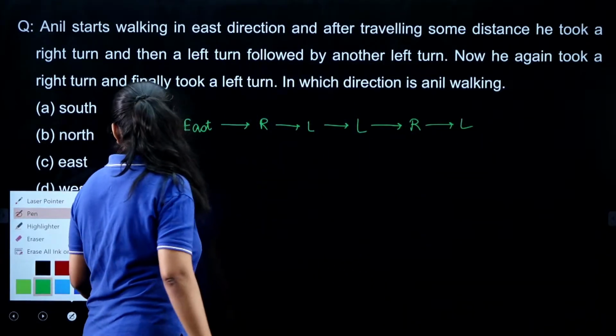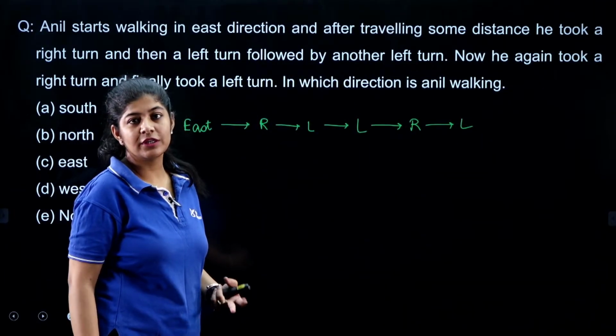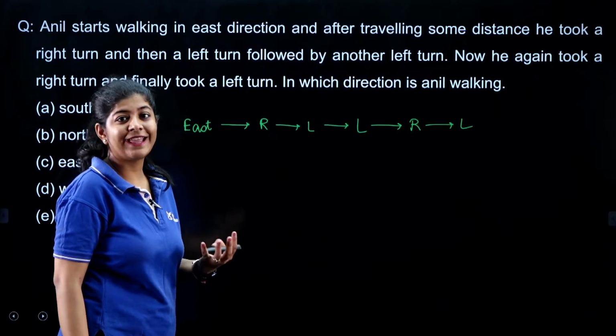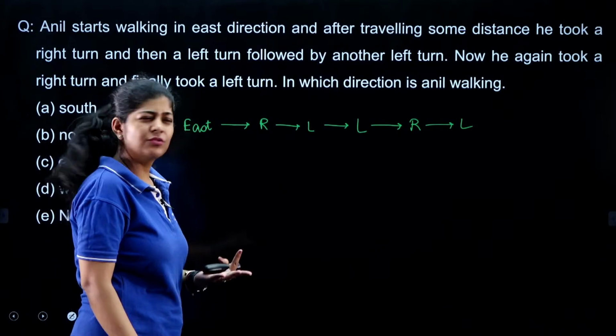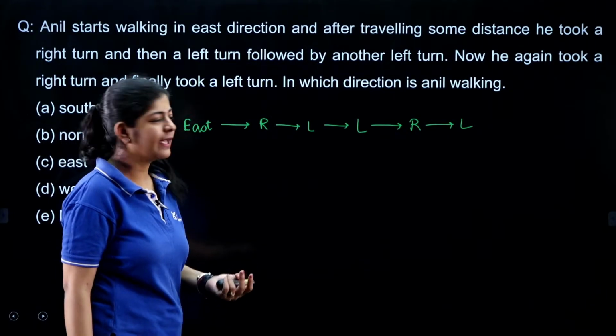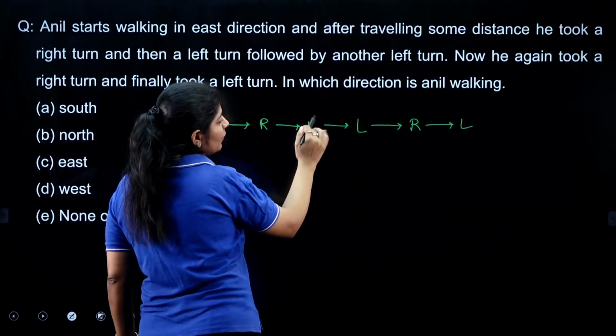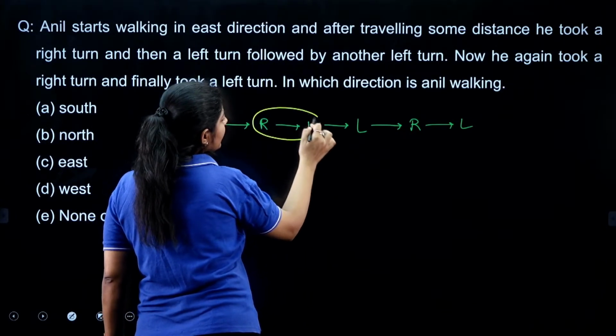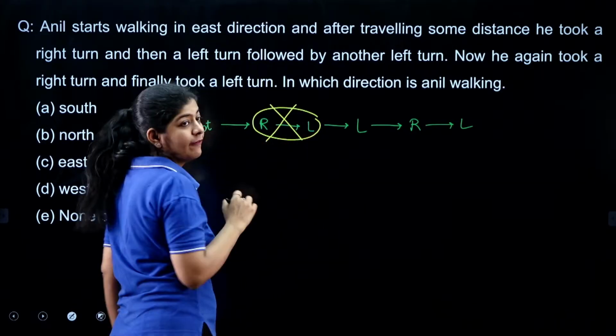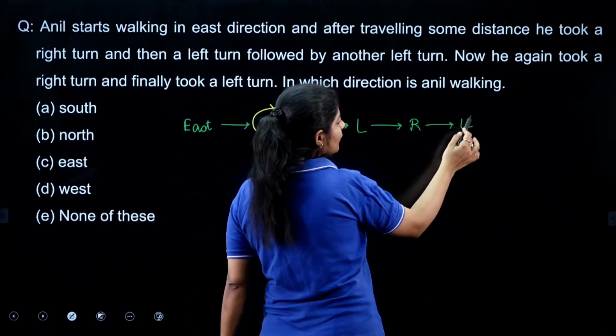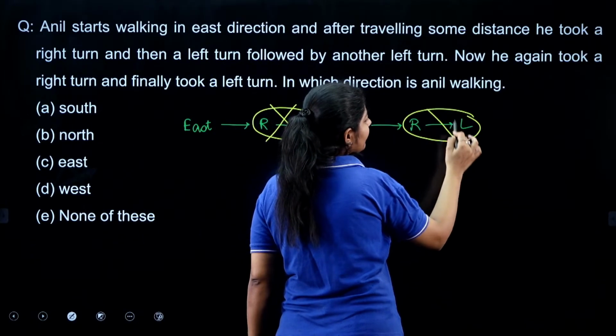Now we know that whenever we have these kinds of questions in which we only need to find out the direction of face in the ending, there is no requirement to draw the diagram. And whenever we have this, we always need to eliminate the pair of left right.